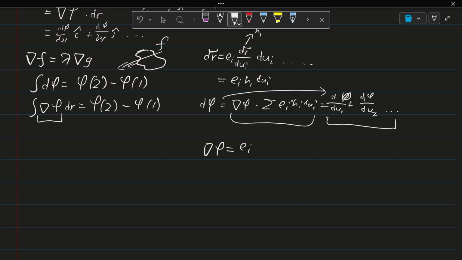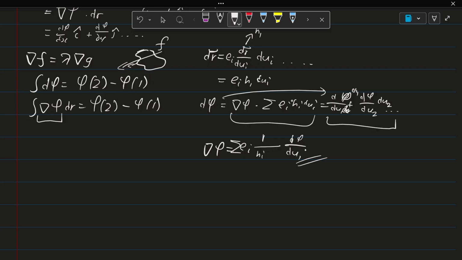Then you could cancel out the hi's, this times the dui, du1, du2, and etc. So you could express ei over hi, and then you would have the dui to be the same. This means that you would need to multiply this by the d phi over dui. And if you take the sum of this, it is just the gradient. So this is the definition of the gradient in other coordinate systems.